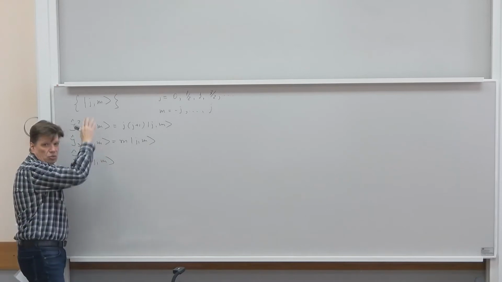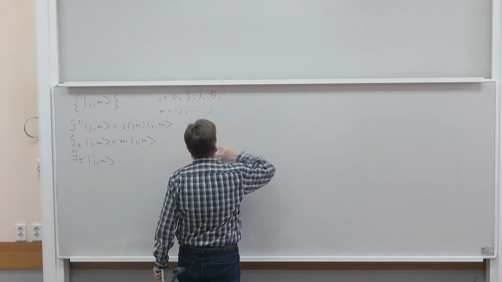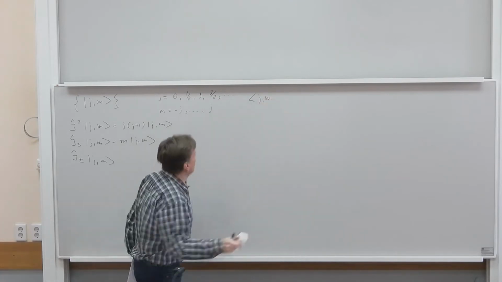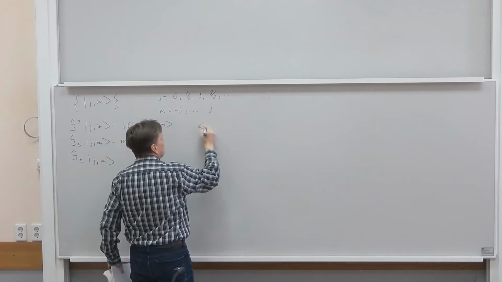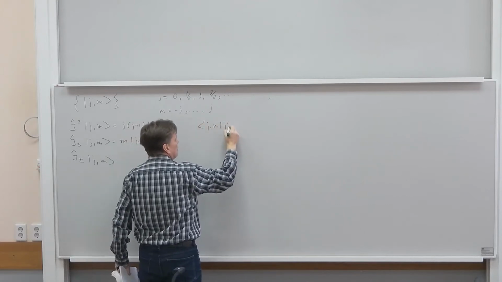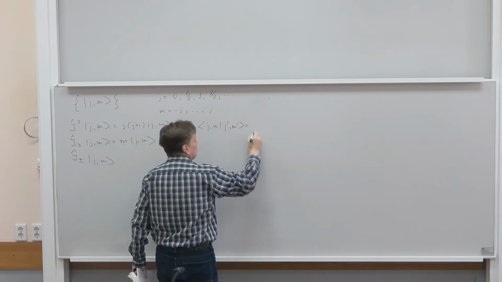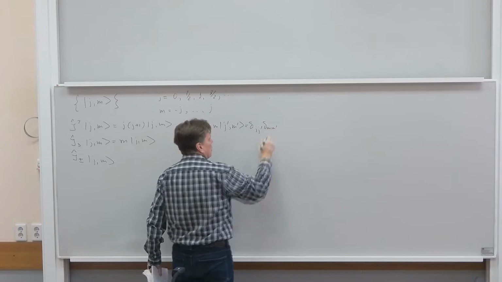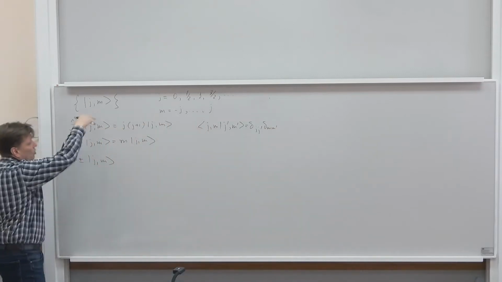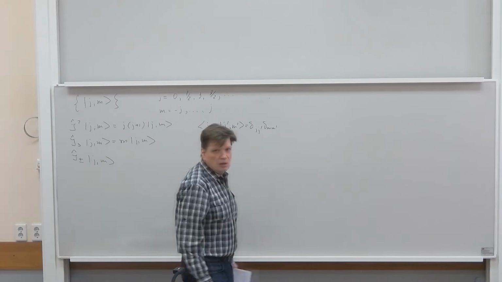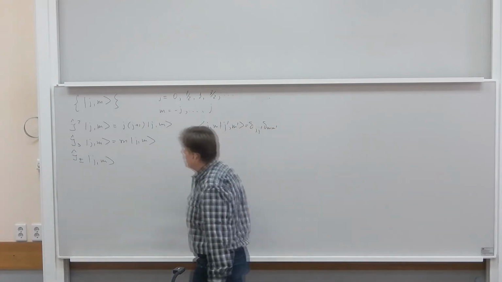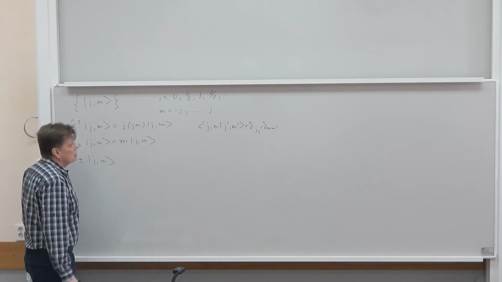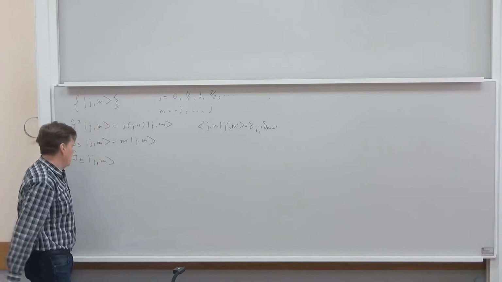So these vectors are assumed to be orthonormal: ⟨j,m|j',m'⟩ is equal to δ_jj' δ_mm'. They form an orthogonal set of vectors because they belong to different eigenvalues of a Hermitian operator, and upon normalization we get an orthonormal set of vectors.